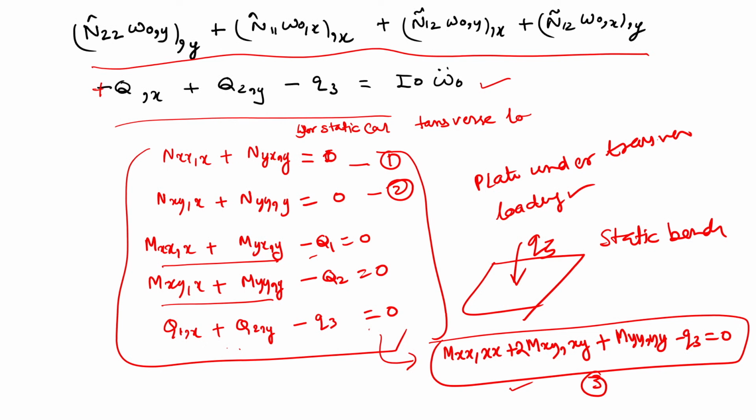So from this, what have you learned? You have learned that we have developed a generalized partial differential equation for a doubly curved shell. Now, depending upon our requirement or application, we can deduce our governing equations.